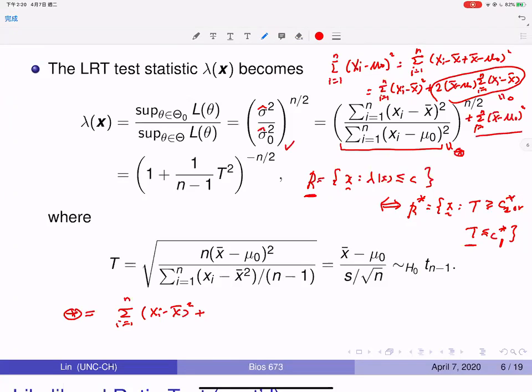This guy right here, inside guy doesn't have i, so it's n times x bar minus mu 0, then taking square. Okay? You guys with me?